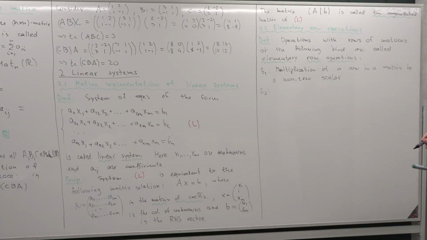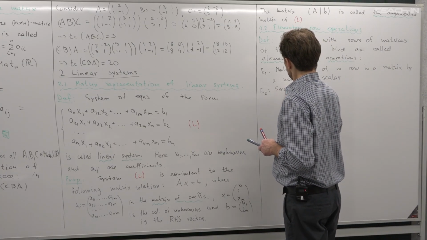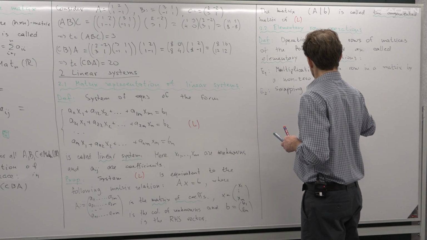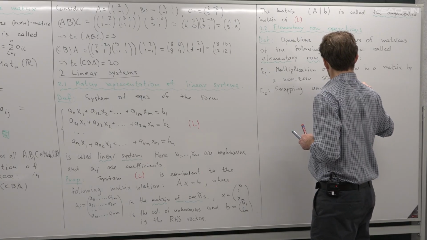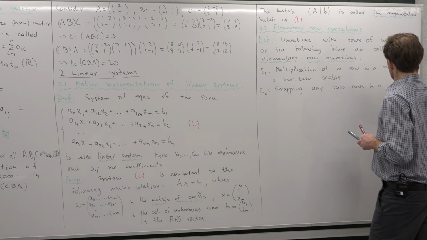So another type is swapping any 2 rows in a matrix.